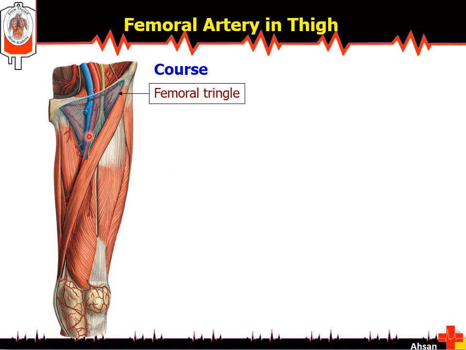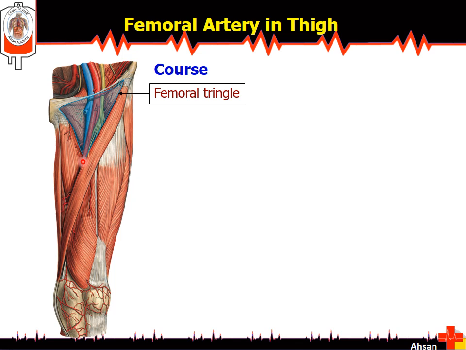The femoral artery is on the floor of the femoral triangle, lying between the vein on the medial side and the nerve on the lateral side. The nerve immediately divides into its branches, but the femoral artery continues up to the apex of the femoral triangle.